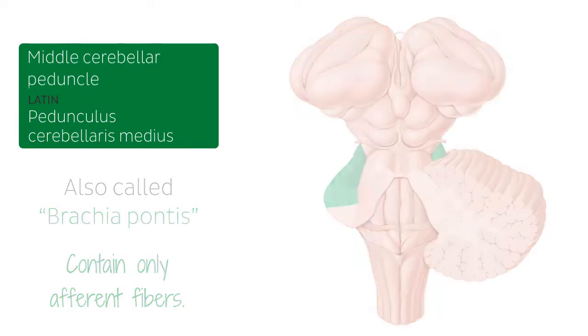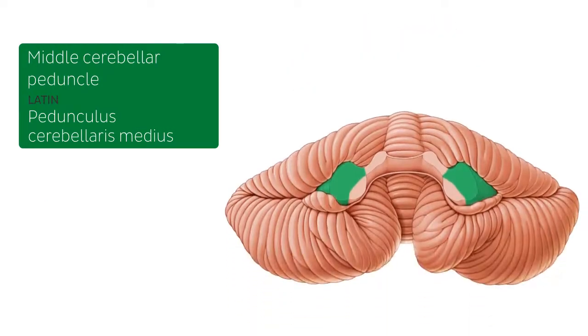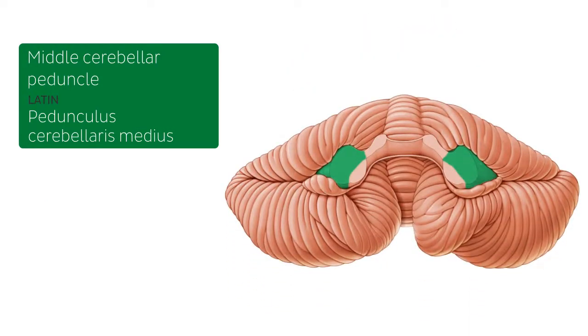Another point I would like to add here, and now I'm moving to this image of the caudal view of the cerebellum. You see now the middle cerebellar peduncles highlighted from this view. Now, to say that the fibers of these peduncles come from the pontine nuclei of the opposite side.